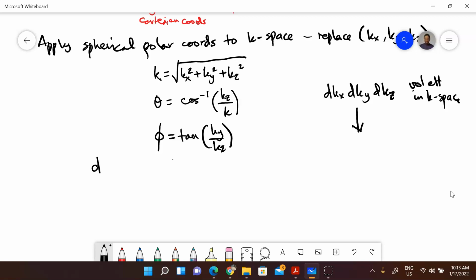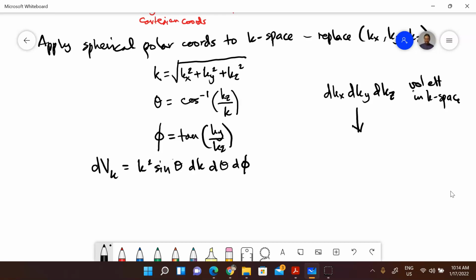This will be the volume element in K space using polar coordinates. This is just like your volume element in position space. So you have k squared sine theta dk d theta and d phi.